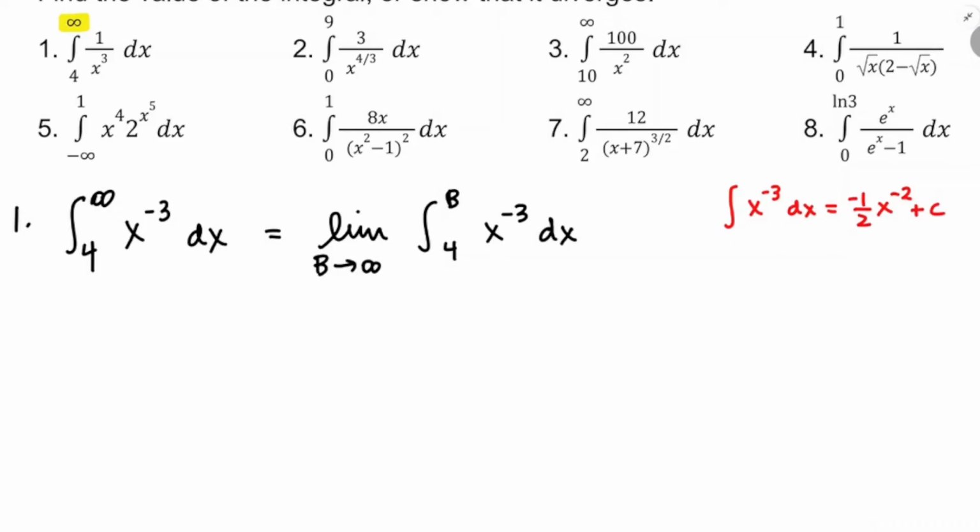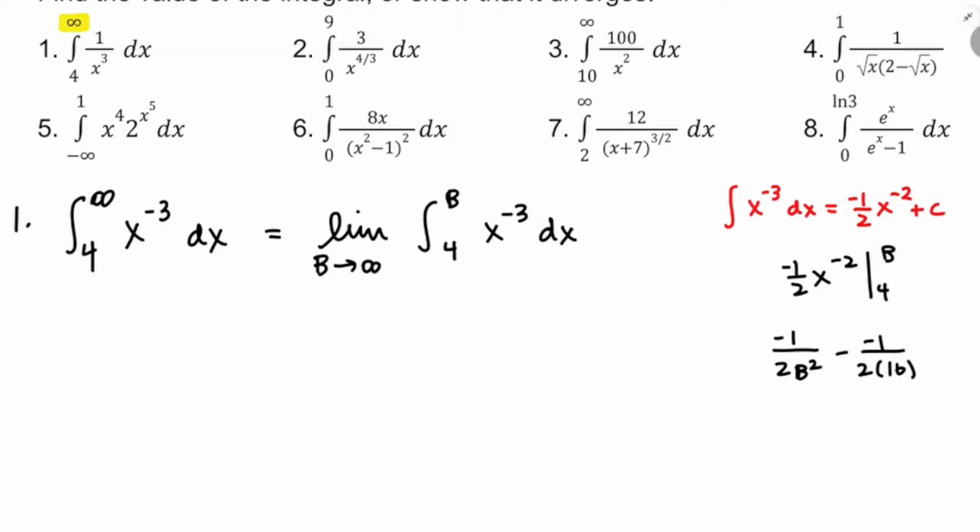And I'm going to say, okay, well, if I do negative 1/2 x to the negative 2 from 4 to b, that's going to be, okay, negative 1 over 2b squared minus negative 1 over 2 times 4 squared. Okay, and that's just scratch work off to the side.